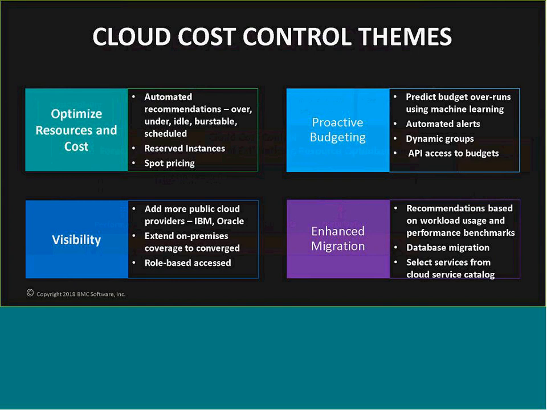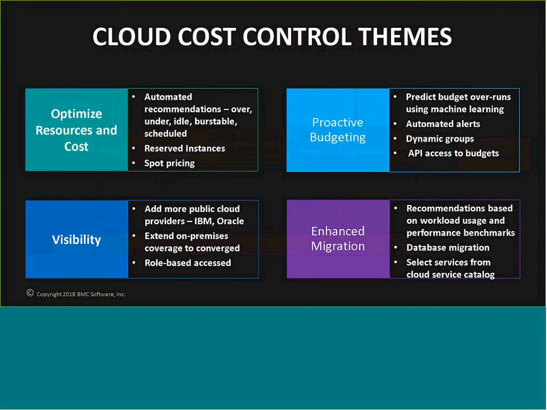Future releases of Cloud Cost Control in the roadmap will include identifying workloads that should be run on a schedule, workloads that are good candidates for auto-scaling, and enhancing recommendations on over- and under-provisioned resources.